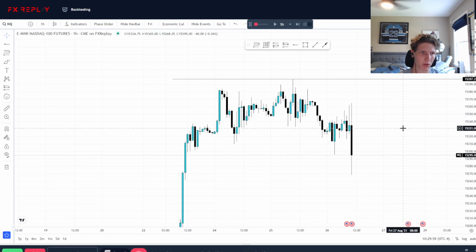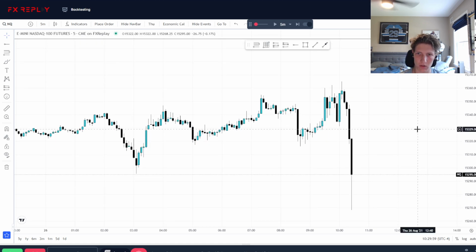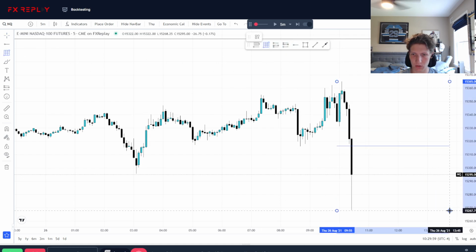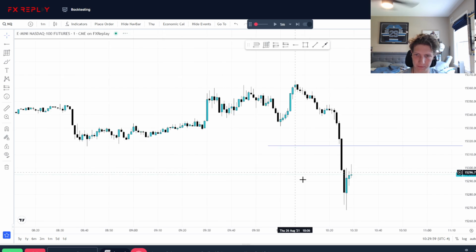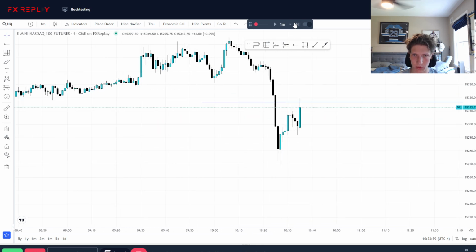We got a nice sweep here. Let's see if we can go higher. I might just target the, well, it'll depend, but this could potentially be our target. Okay, we've yet to break structure. Now we've broken structure. I'm not going to target this.